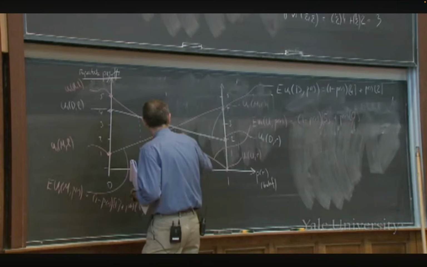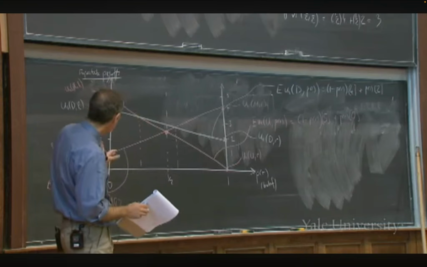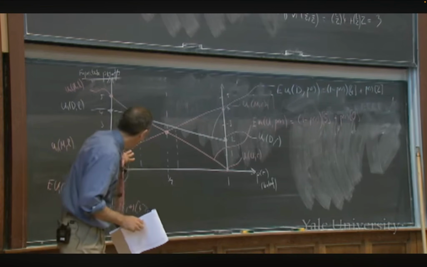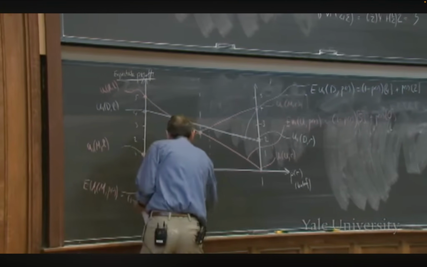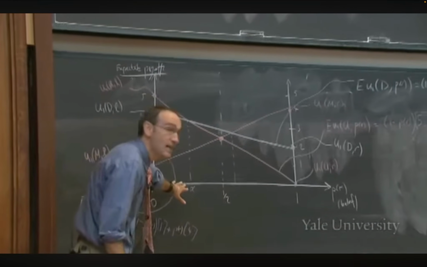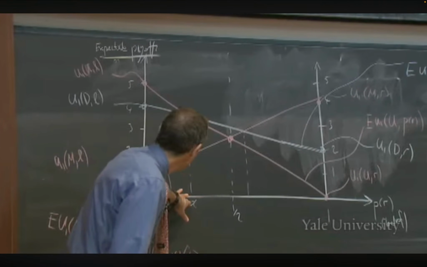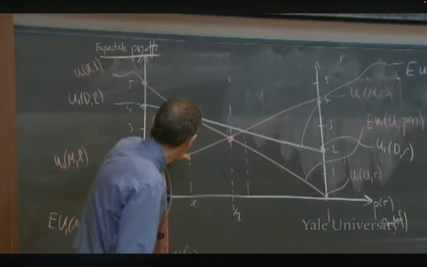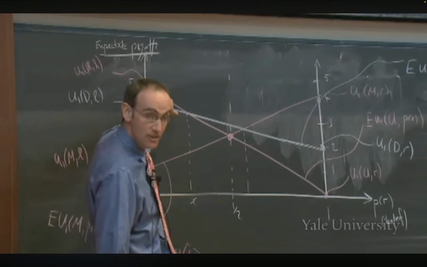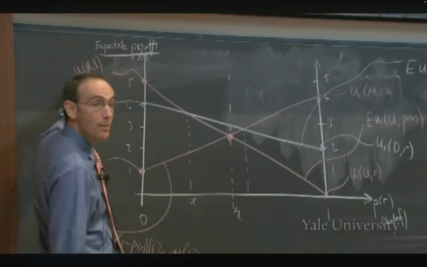So for example, let's put in these crossing points here. Let's call this point x. If I think that the probability that the other person is going to choose right is less than x, then the highest payoff I can get corresponds to this line. That's the highest line, and that line corresponds to me choosing up.